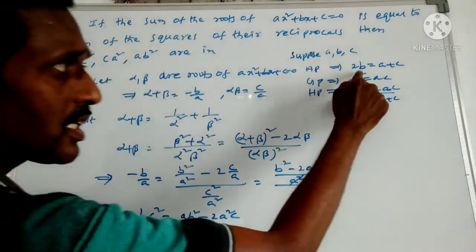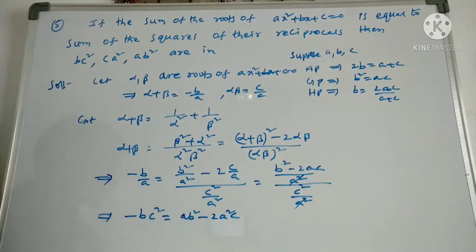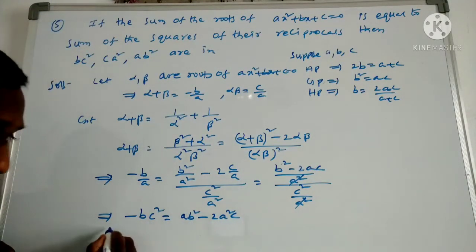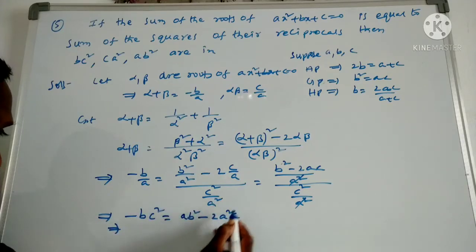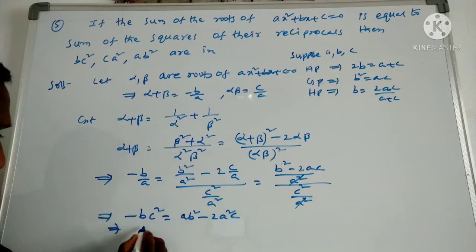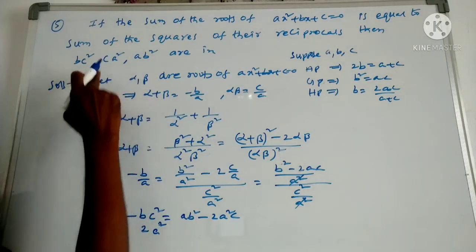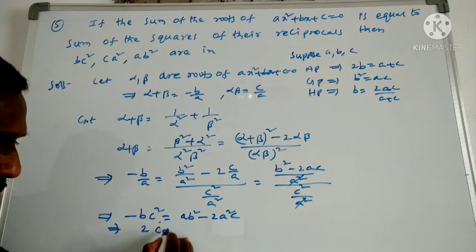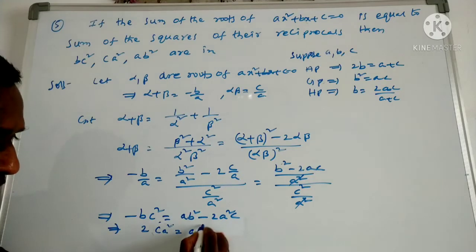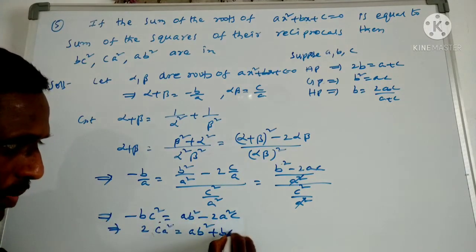If it is in arithmetic, we need all positive values, so let us convert these into positives. The minus sign taken to the other side becomes plus. So 2 times a square c, here we have the c square, I am going to write this as c a square only. We already have a b square. This, taken to the other side, becomes plus b c square.